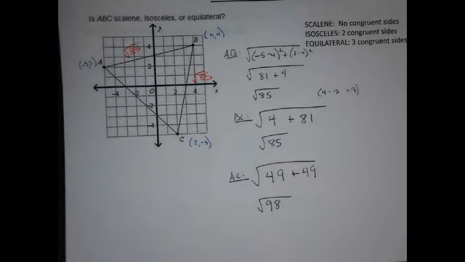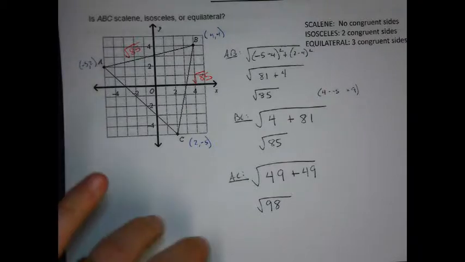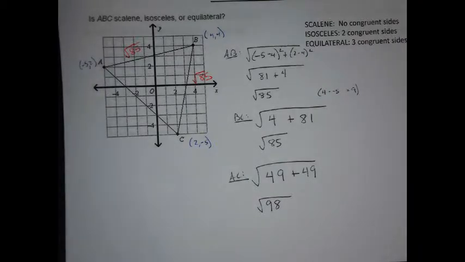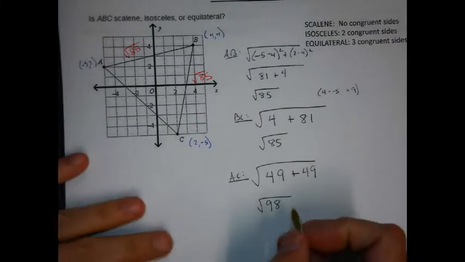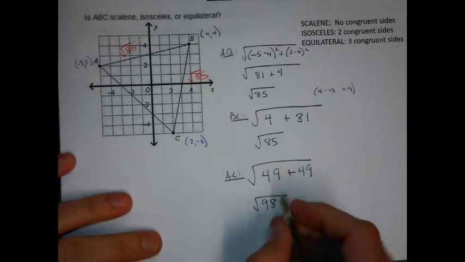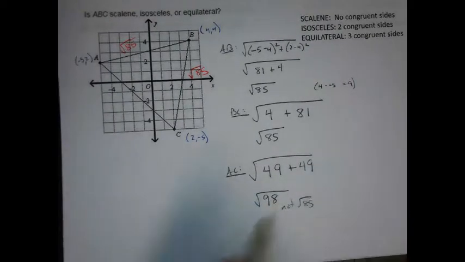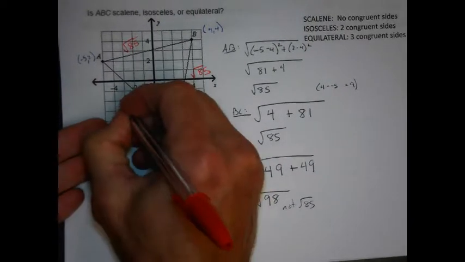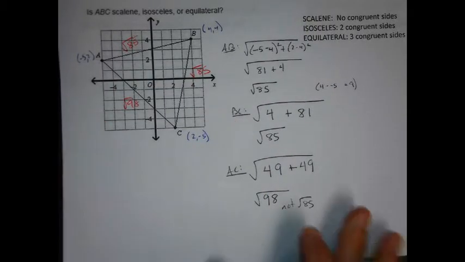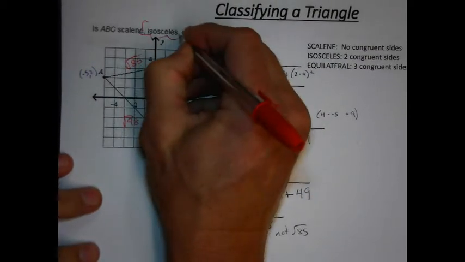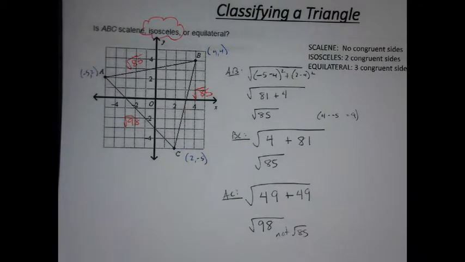Yes, it's 7 root 2. But that's not the point. It's not the square root of 85. So we know it's not equilateral. So this is also isosceles. Two congruent sides gives us an isosceles triangle. So that's how that works.